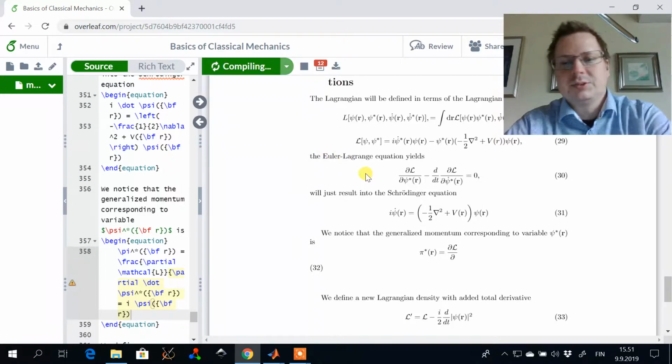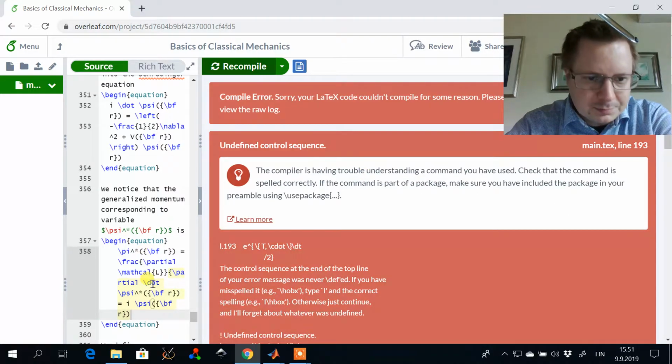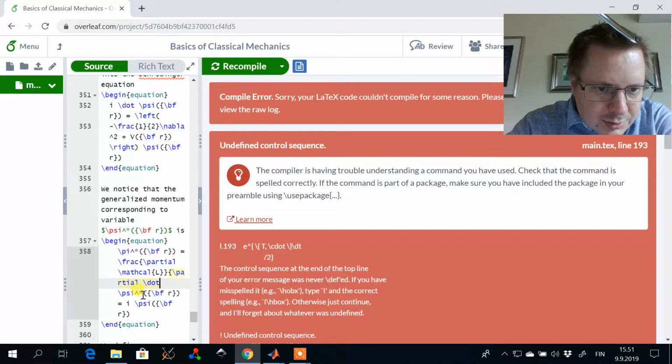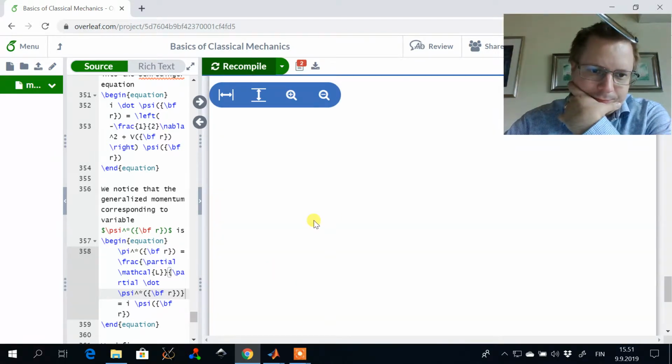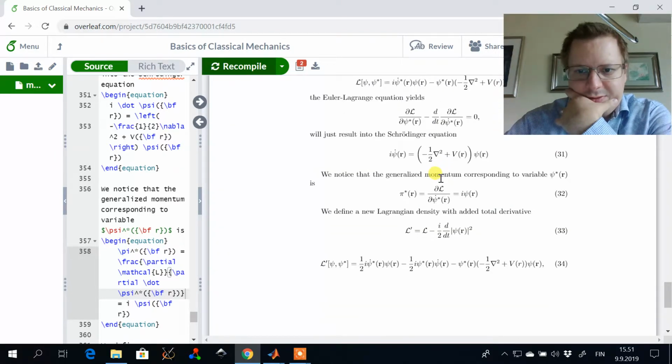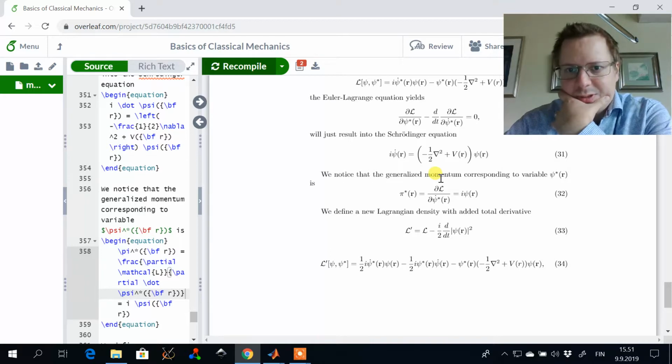So these things are almost conjugate variables of each other, the psi and psi star.